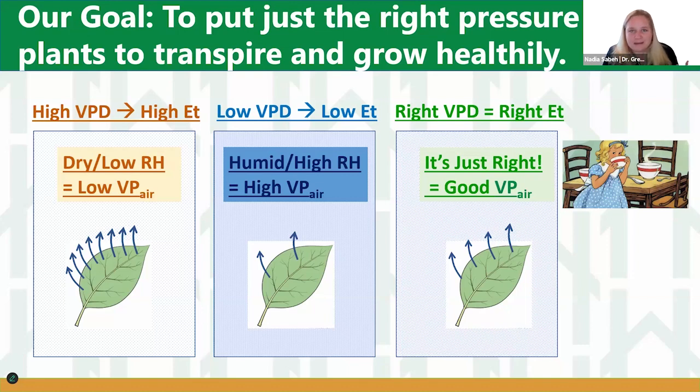But you might start seeing some nutrient deficiencies. What we want to find is the right VPD to get to the right evapotranspiration rate for your crop, for the stage of your crop, and even for the facility and the systems that you're using to grow your crop. We are trying to find the Goldilocks VPD value for your crop under different situations.